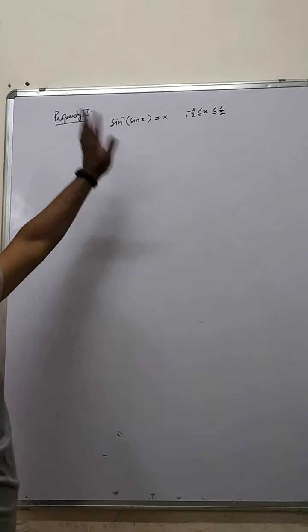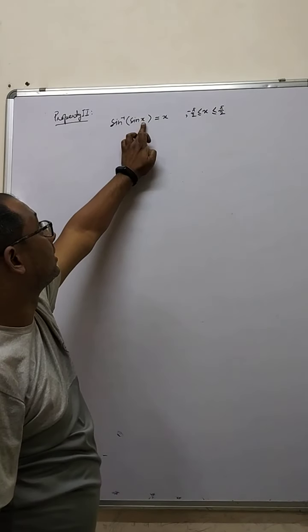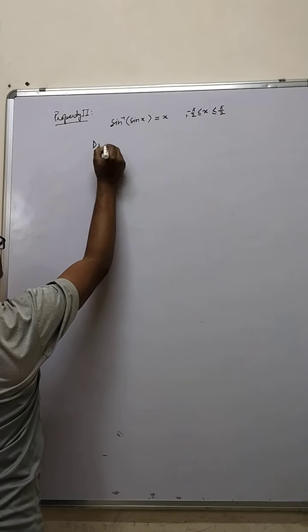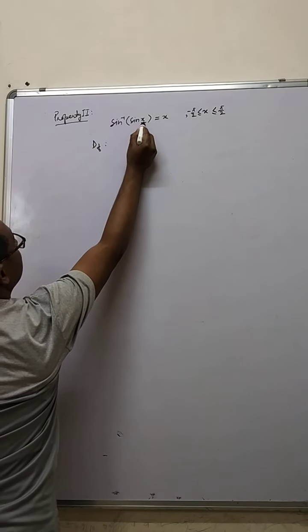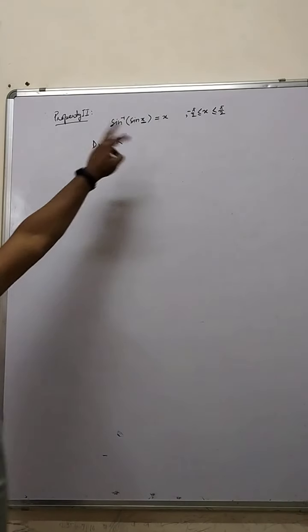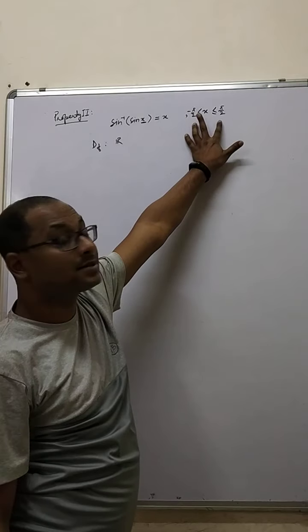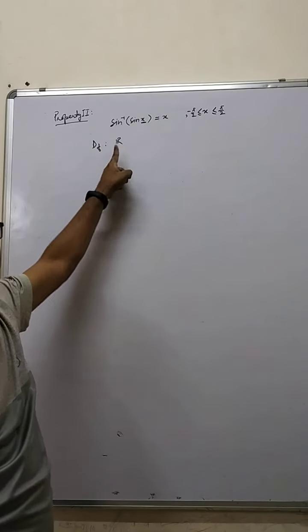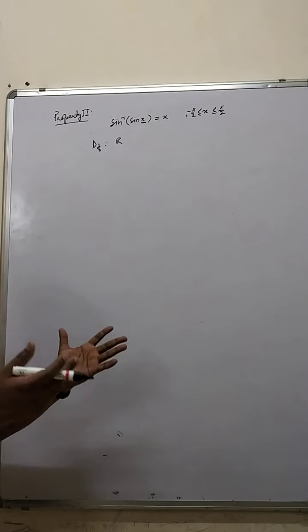See, at that time we restricted the domain. So the domain of this function, if I try to write it, x can have all real numbers. But this particular result is true for only this interval. So what about the rest? Because the domain of this function is all real numbers, what about the rest of the values?